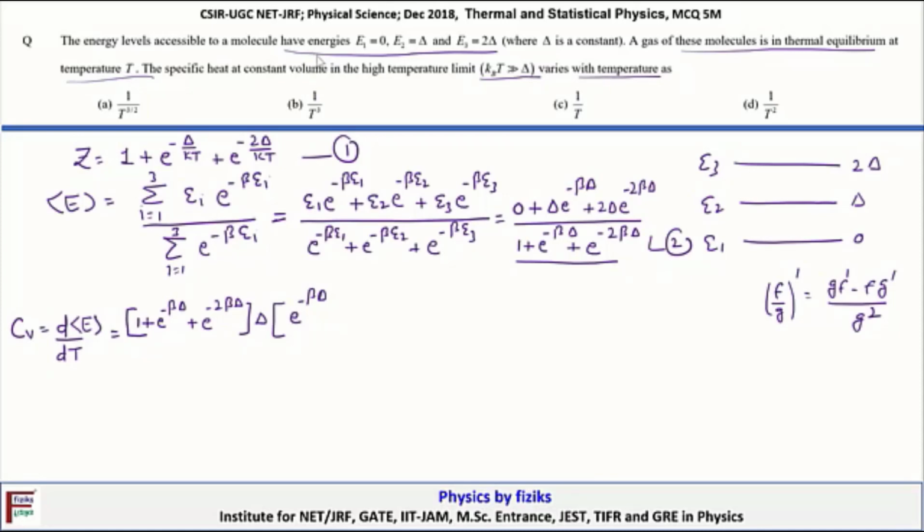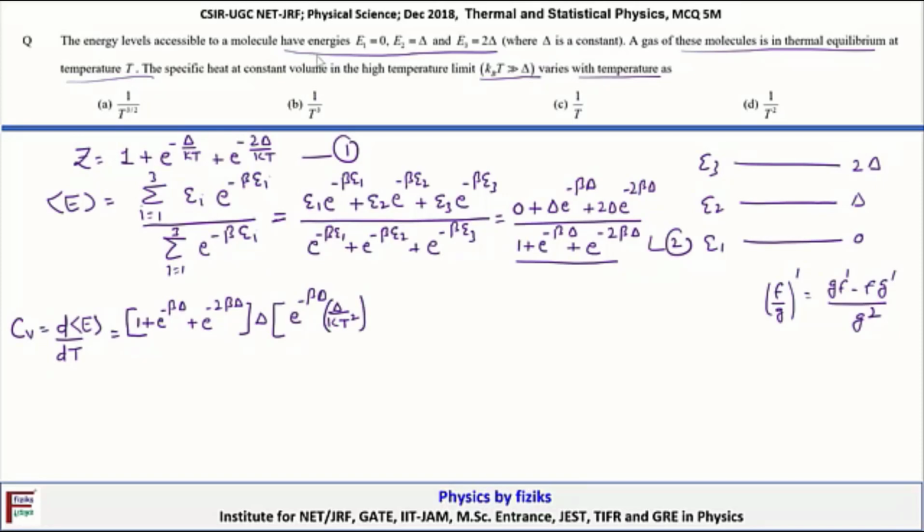So here exponential minus beta delta, and then this negative sign will cancel, so it will become positive, with another differential of the exponent that gives delta by k T square. Here k is the Boltzmann constant.